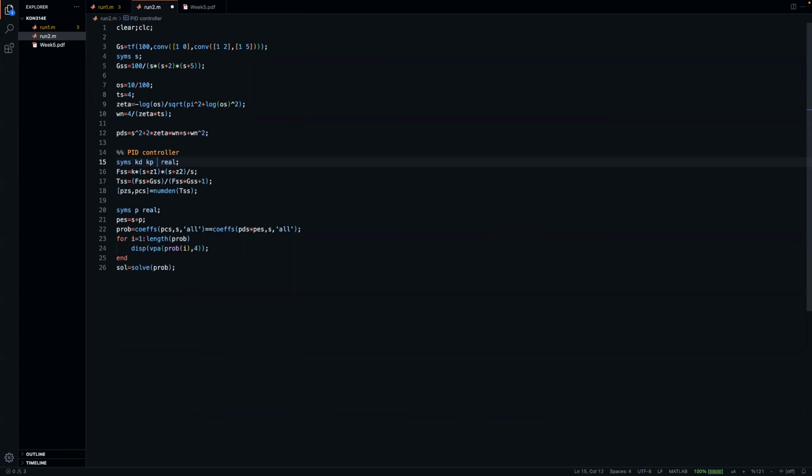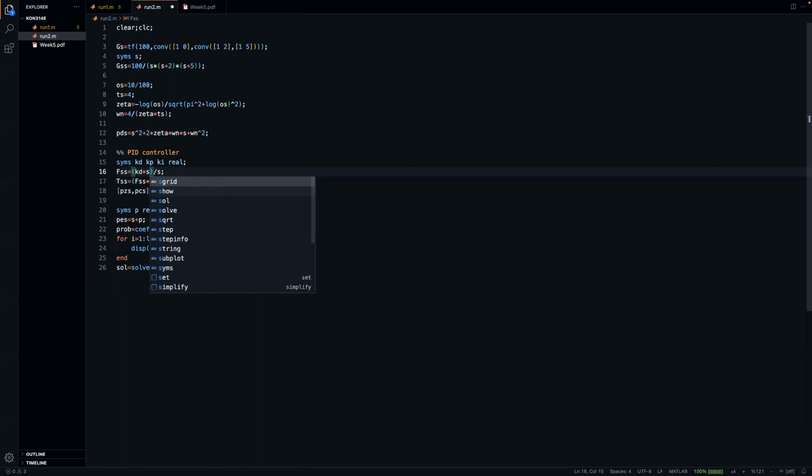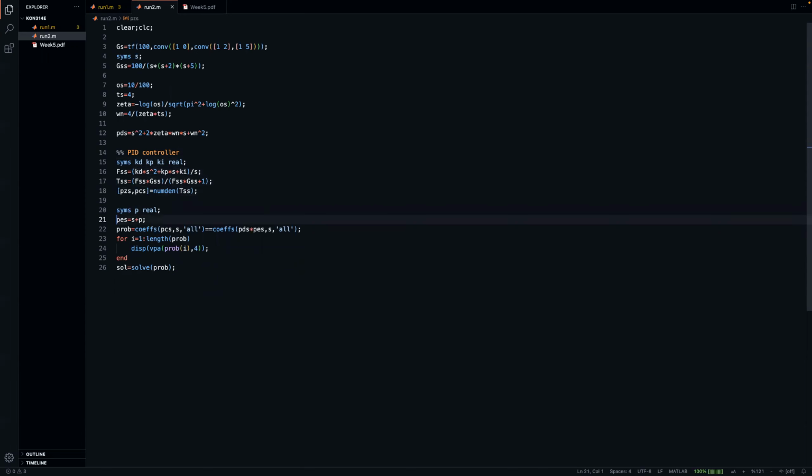So KD, KP, KI. The controller does not look like this. It will look like KD times S squared plus KP times S plus KI, divided by S. Now here, since there's no pole zero cancellation, third order open loop and first order controller result in a fourth order closed loop, of which we decide on two poles.